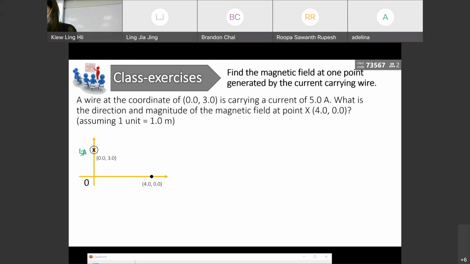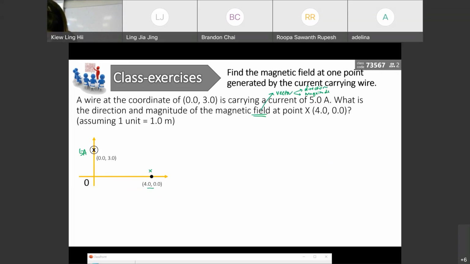What are the direction and magnitude of the magnetic field at point X, which is 4, 0? Remember, the magnetic field is a vector. So if it's a vector, you have to determine both direction and magnitude. Let's start from direction first.